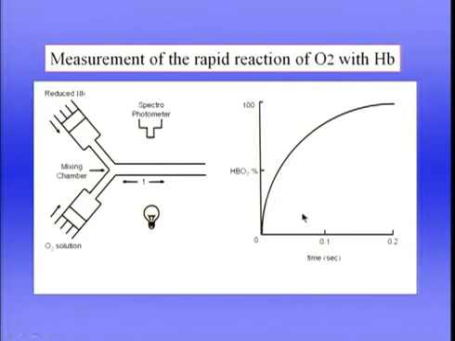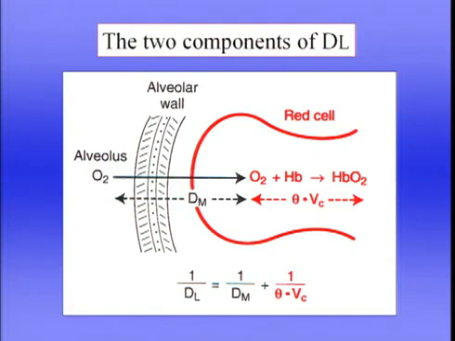The reaction time can be considered as a resistance, just as diffusion across the blood-gas barrier is a resistance. And I'm going to show you an image which is rather complicated at first, but we're going to go through it carefully, and it explains the two components that we now recognize that make up the diffusing capacity of the lung, DL.